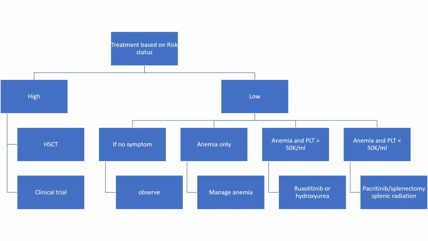If they have anemia, only manage the anemia. If they have anemia and thrombocytosis, and the platelet count is above 50,000, we use hydroxyurea to decrease the spleen size and symptoms. And if at the same time they have thrombocytopenia, we will do splenectomy or splenic radiation based on the patient's agreement and other different factors.